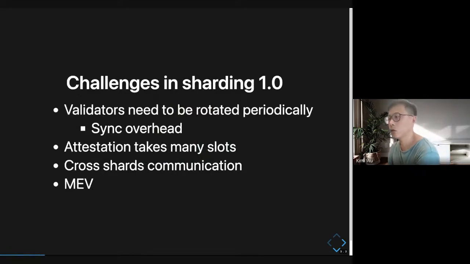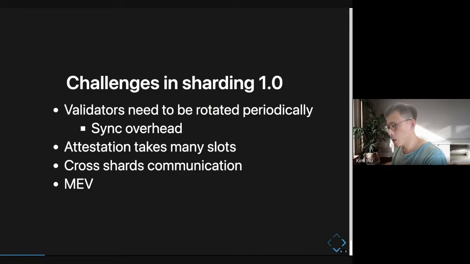The challenge in sharding 1.0 is that because we have many different shard chains, validators need to be separated into different shards, which they call committees. To avoid collusion or private attacks, validators need to rotate periodically to validate different shard chains, so there will be a synchronization overhead.